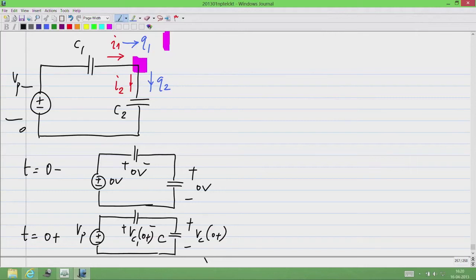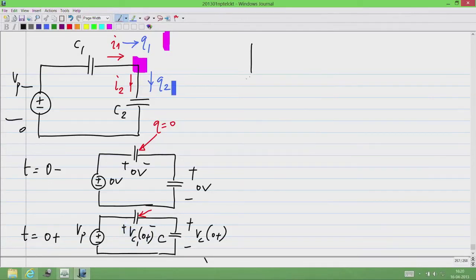So, now you see that in this case the charge on this plate is 0 and the charge on this plate in the second case is, what is the charge on this particular plate in the second case at t equal to 0 plus? It will be equal to Vc1 is defined with this polarity, right.